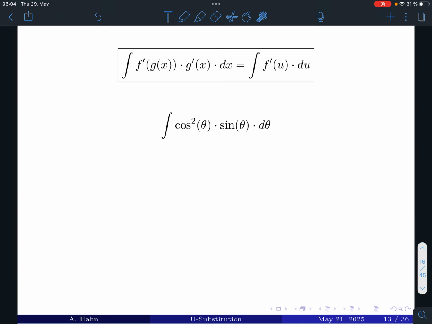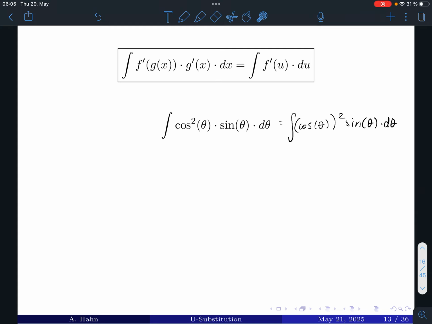And so right away we have this cosine squared of theta times sine of theta d theta. And what we can think is that this looks like a composite function. So we can rewrite this as the integral of cosine of theta squared times sine of theta d theta.